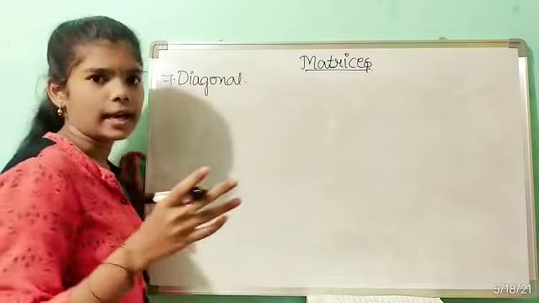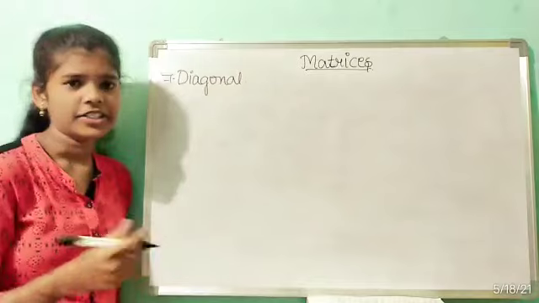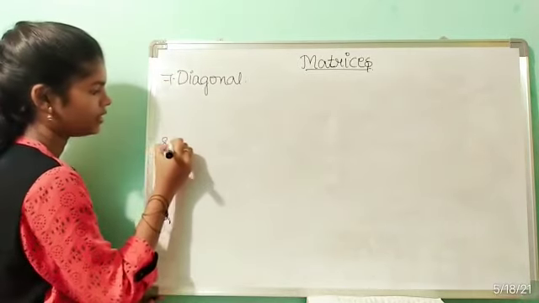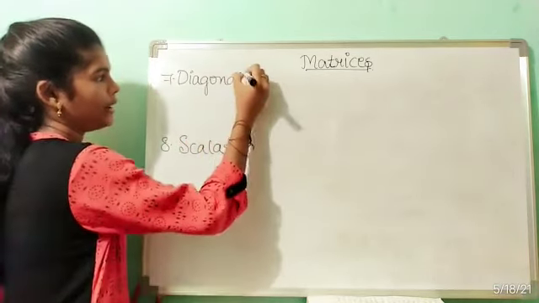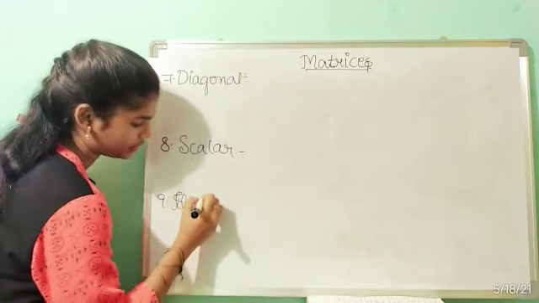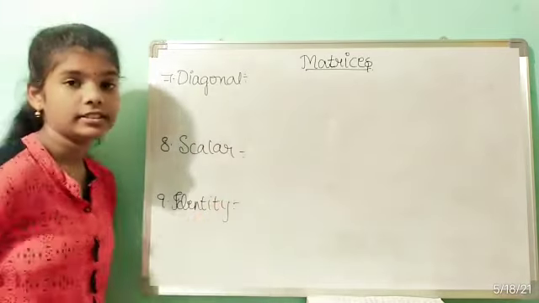Few matrices, I mean diagonal matrix, identity matrix and a scalar matrix. These three are of same type. So let's see. Scalar matrix, identity matrix. So these three matrices are quite similar.